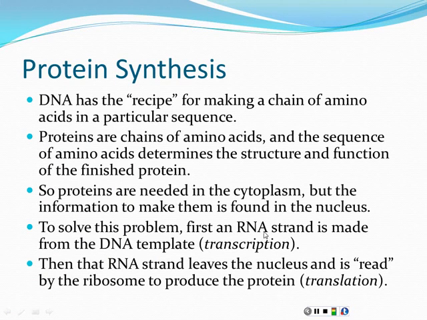RNA, messenger RNA specifically, forms a copy of a chunk of DNA, and then the RNA goes out of the nucleus into the cytoplasm, finds a ribosome, and then creates that protein using that model.